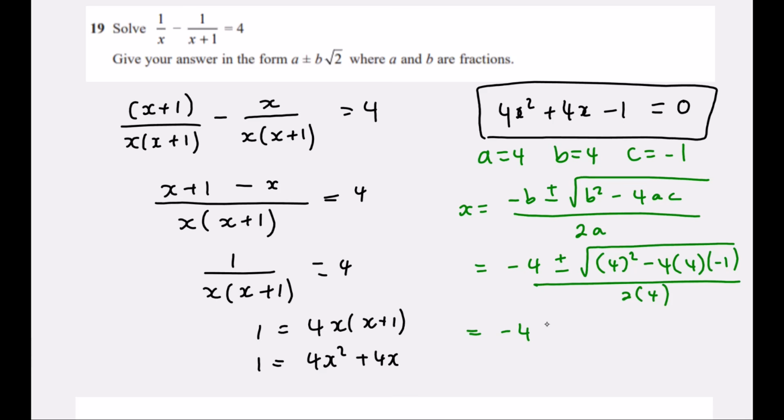So that's minus 4 plus or minus the square root of, so we've got 4 squared, which is 16, minus 16 times negative 1. So 16 minus minus 16 is 32 over 8.